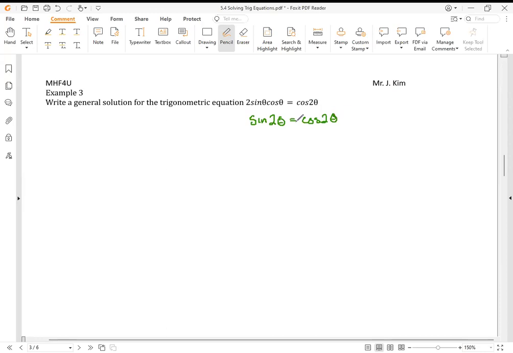What I'm going to do is manipulate it and say sine 2 theta over cos 2 theta equals 1. Yes, because I'm dividing both sides by cos 2 theta, which means tangent of 2 theta equals 1.